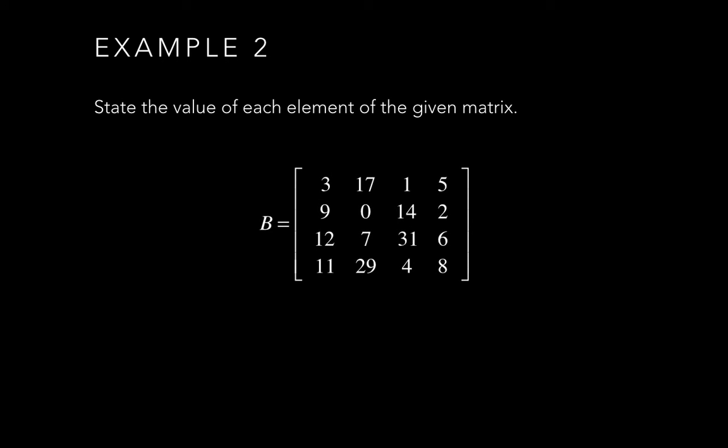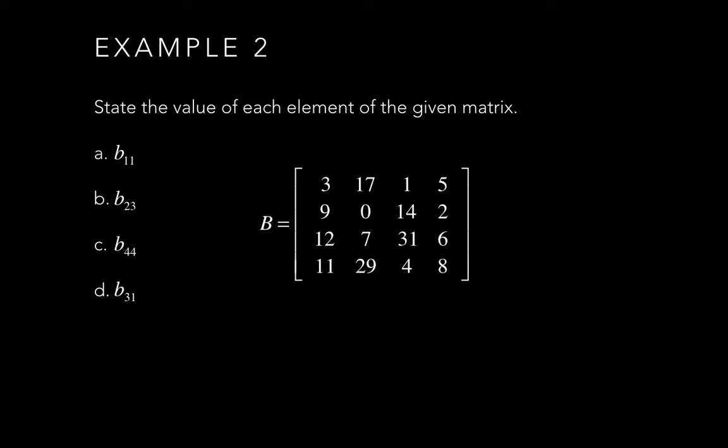Let's try to do some of this identification ourselves. So we're going to state the value of each element in this matrix, but we're just going to do certain elements. Our first question is going to be, what is the value of the element B11, also B23, B44, and element B31.